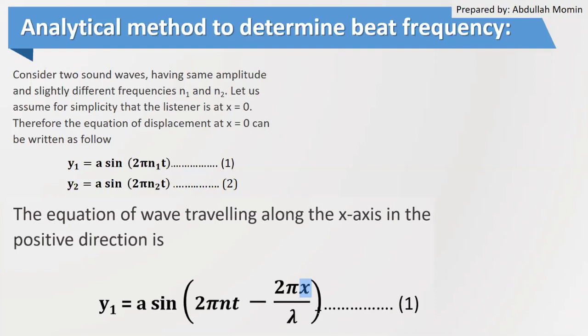And if you put x is equal to 0, this whole term becomes 0. And what will we get? We will get y is equal to a sin 2 pi nt. So that is the modified equation which we have written in this section. This is the resultant equation for first wave. This is the resultant equation of second wave.